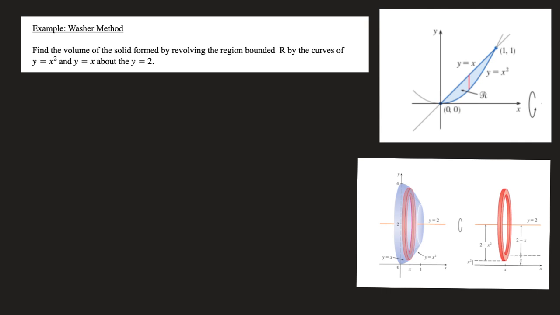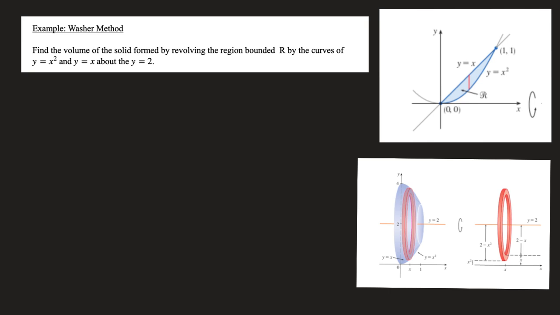Another example using the washer method, but this example is a little different from the previous one. So far, we used the x-axis and y-axis for the rotating axis. But this example says we're going to find the volume formed by revolving the region bounded by the curves y equals x squared and y equals x about y equals 2.